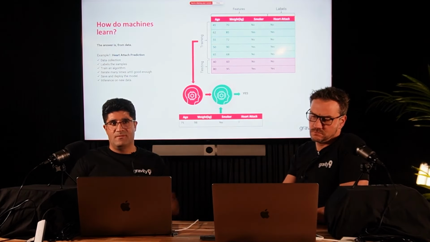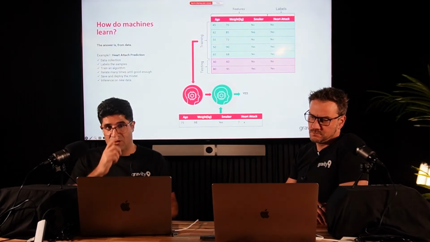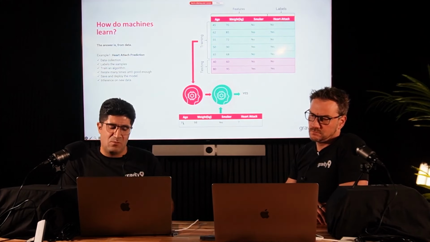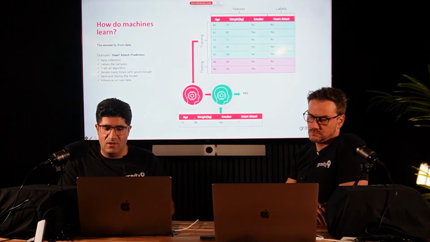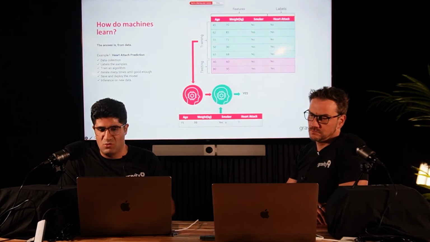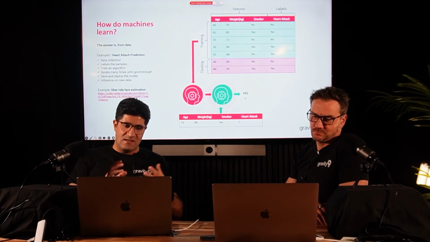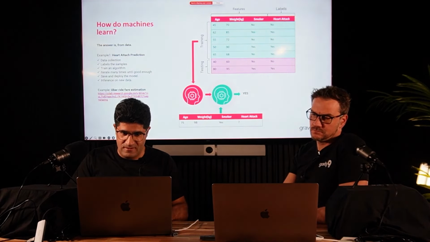Then the inference phase starts when we have new data and we want to predict the labels for it. For example, in this case, somebody with age 75 and 98 kilo weight, and he's a smoker, so the model can predict whether that person is going to have a heart attack or not.